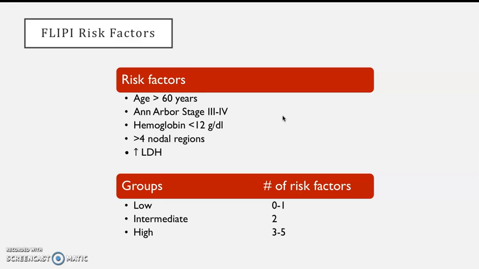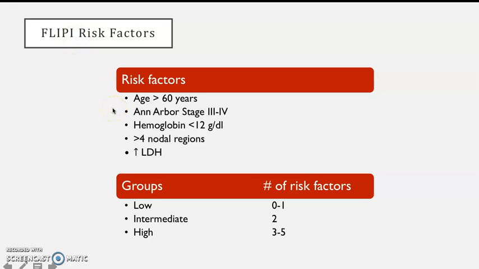Patients will be grouped together based on how severe the cancer is, and they're grouped together based on something called the Follicular Lymphoma International Prognostic Index.